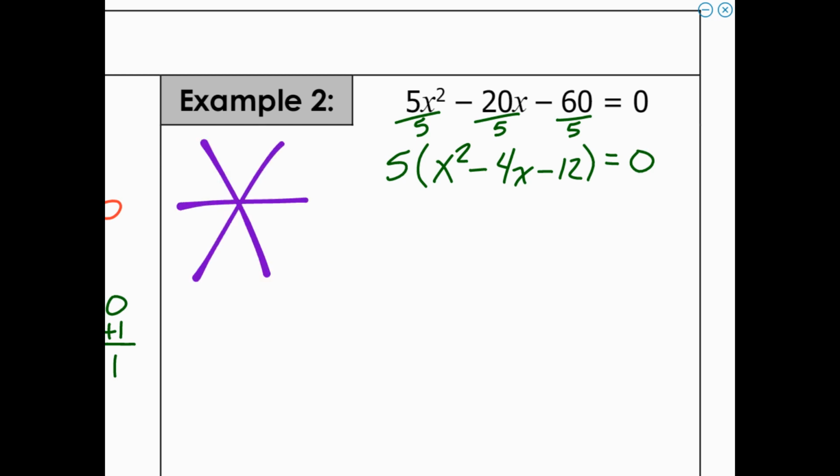Now I can do my star. Negative 12 goes in my top. What's going to go in the bottom? Negative 4. And on each side? 1 and 1. So now what numbers are going to multiply to give me negative 12 and add to give me negative 4?